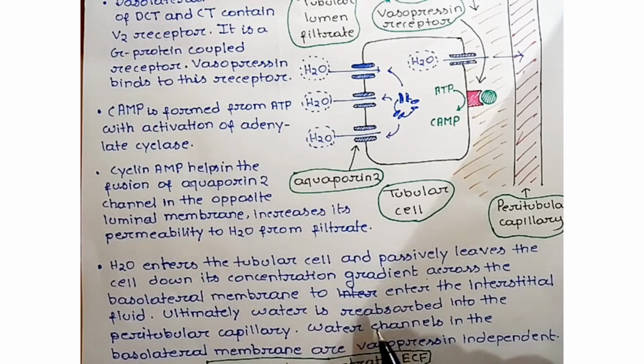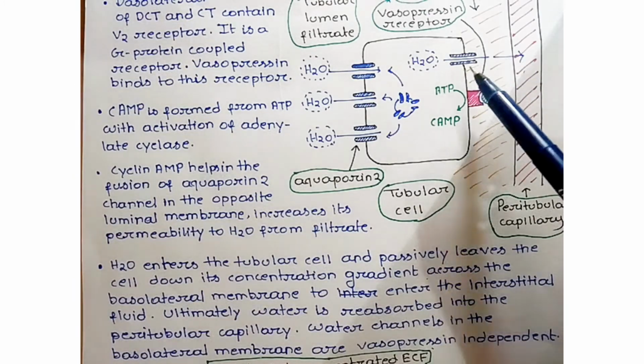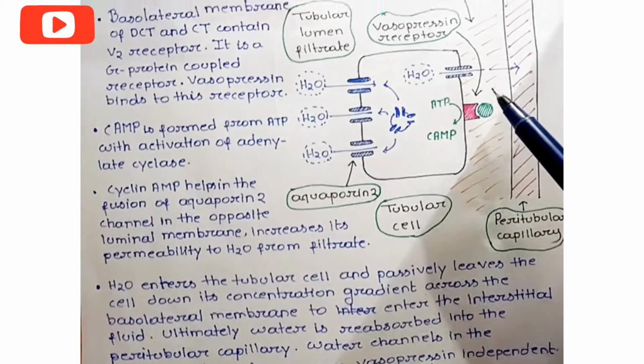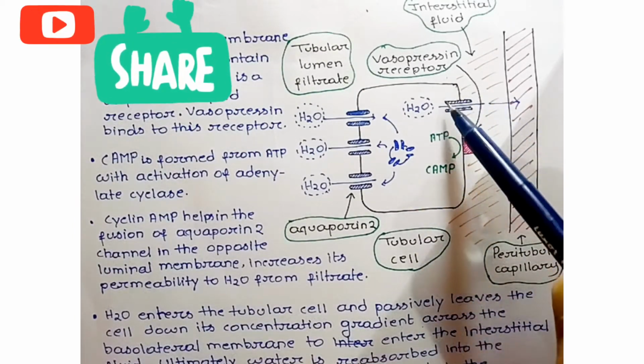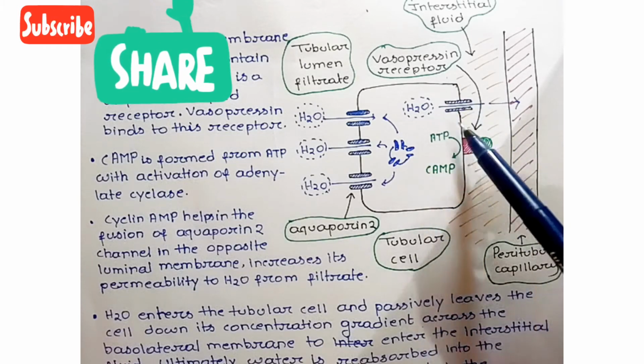Ultimately, water is reabsorbed into the peritubular capillary. Water channels in the basolateral membrane are vasopressin independent. So the water channels present in the basolateral membrane are always present and are not dependent on vasopressin.